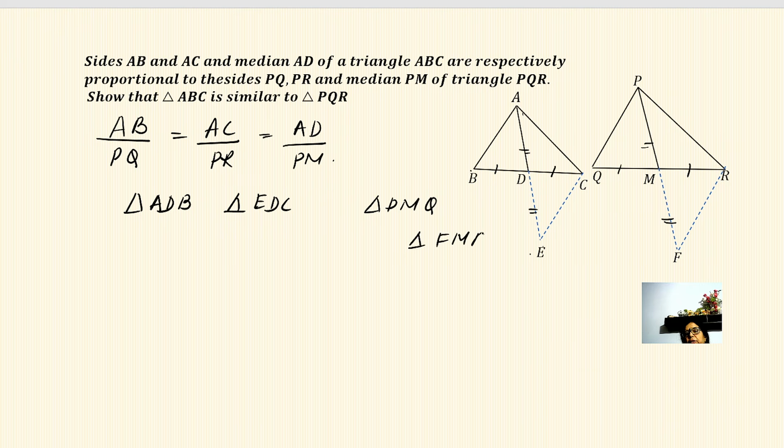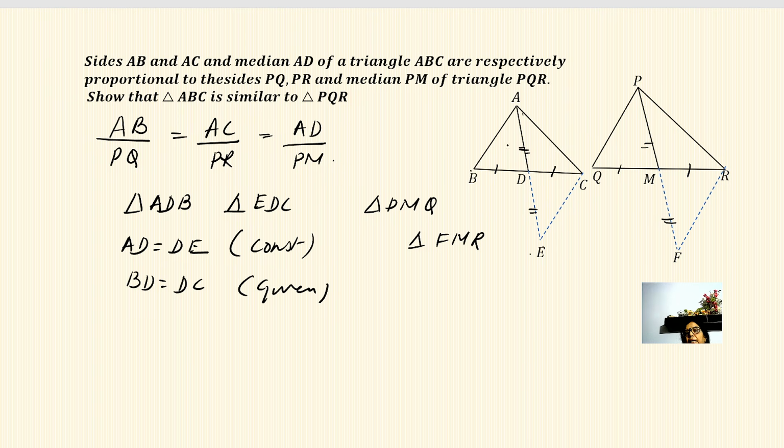Now in both the cases, this side AD is equal to DE by construction. BD is equal to DC, given. This is by construction, this is given. And angle ADB is equal to angle EDC.